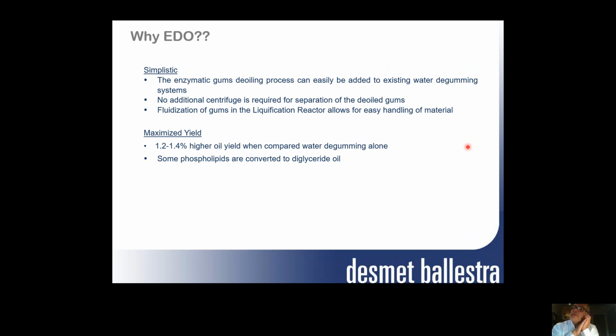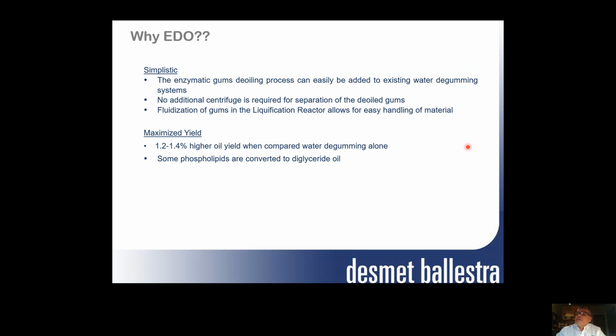Why EDO? Why is it convenient to use enzymatic deoiling? The enzymatic gums deoiling process can easily be added to an existing water degumming system. No additional centrifuge is required, as we mentioned already, and the fluidification of the gums in a liquefaction reactor allows easy handling of the material in all the reactors.